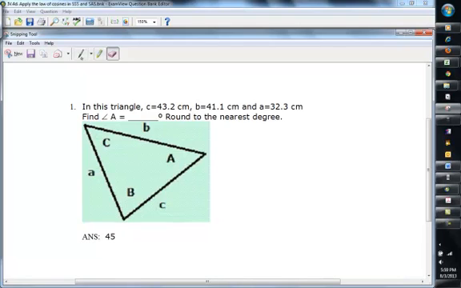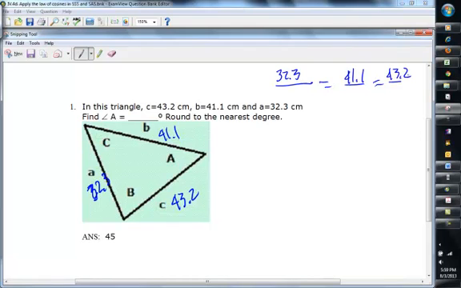C is 43.2, B is 41.1, and A is 32.3. If you tried to set that up with the law of sines, you would have just the numerators, 32.3, 41.1, and 43.2. So you couldn't figure out what was missing in those.